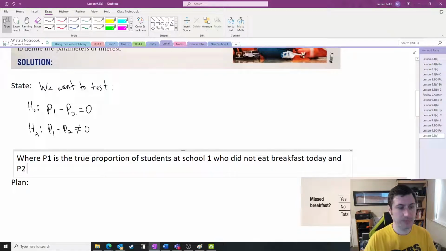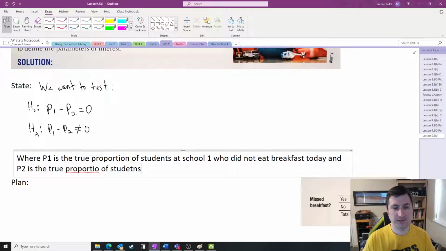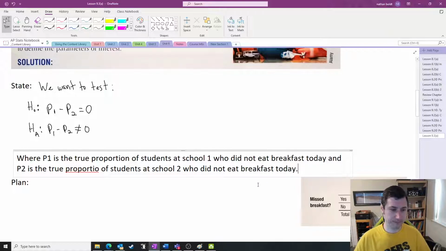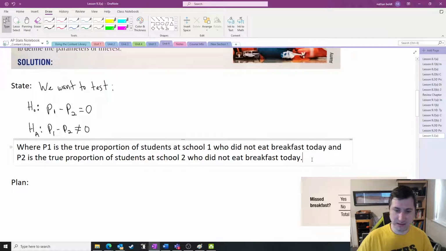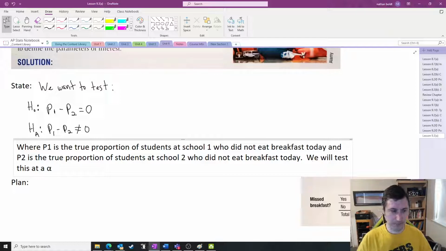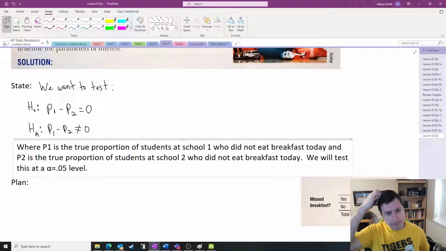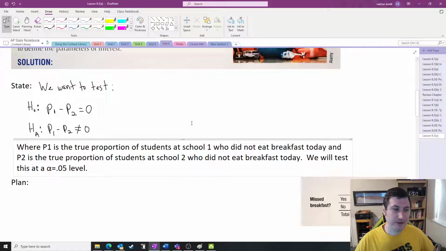And P2 is the true proportion of students at School 2 who did not eat breakfast today. So we defined our two variables, and just to be safe, we will test this at an alpha equals 0.05 level. Hopefully most of that looks familiar to you. The only difference is that we are subtracting these two proportions now.